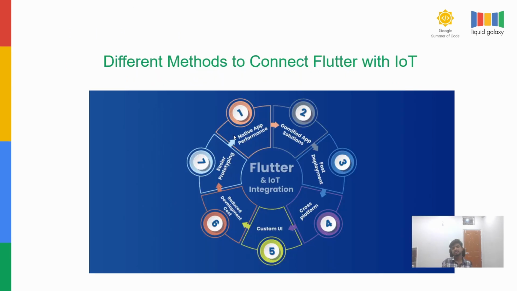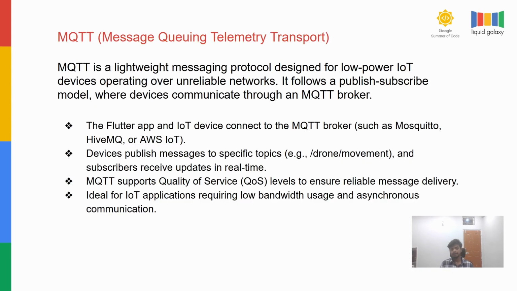Now, the different methods to connect a Flutter app with IoT. First method is MQTT, message queuing telemetry transport. It's a lightweight messaging protocol designed for low power IoT devices operating over unreliable networks. It follows a publish-subscribe model where the devices communicate through an MQTT broker.